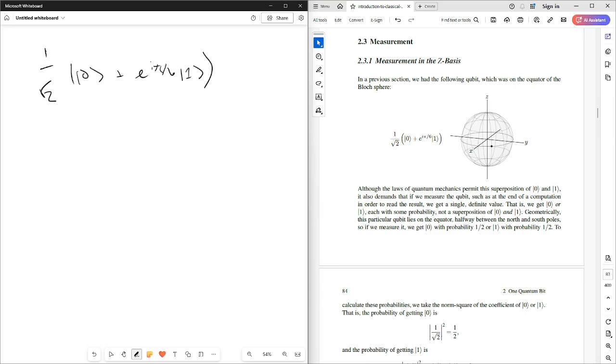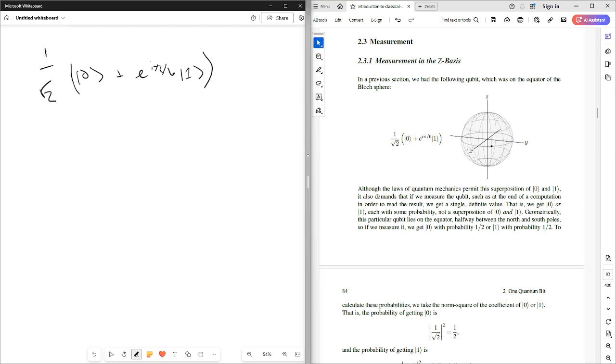Again, this phase just has this rotation here, so it basically took it from there and rotated it out, so it didn't change the position with regards to either of the poles.